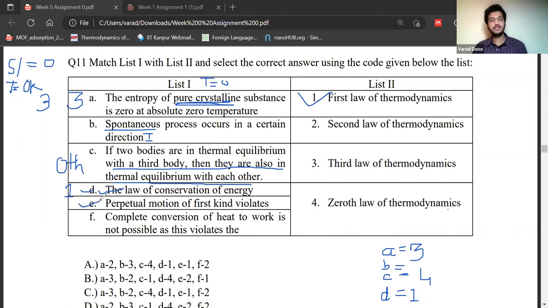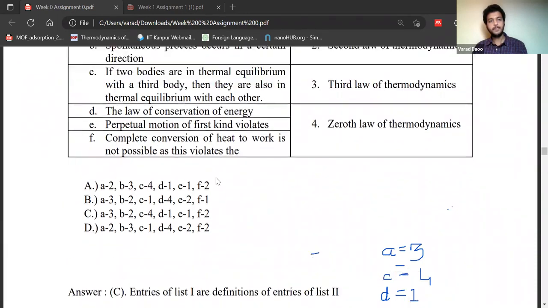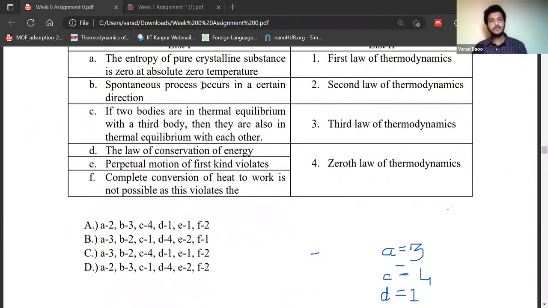So this will be the first law, right? Because in the first law we have delta E equal to delta Q plus minus delta W. So what is E?